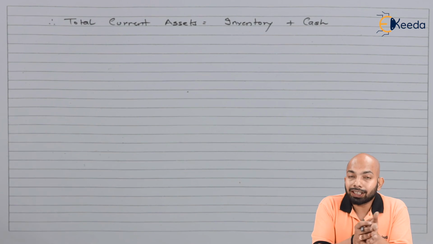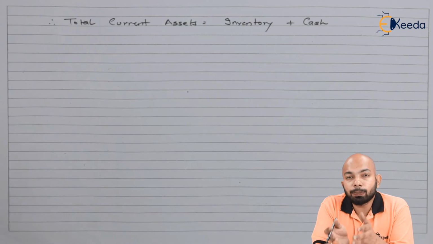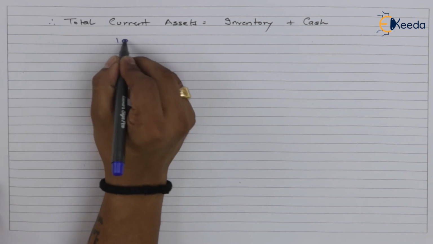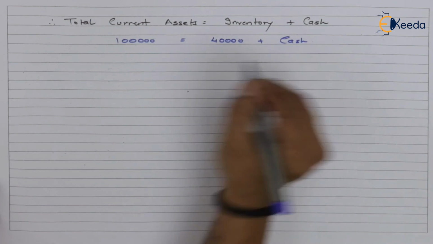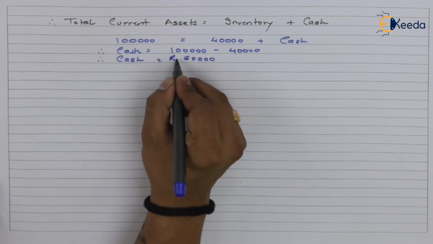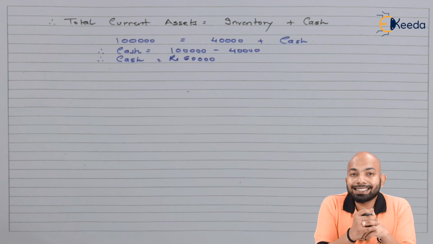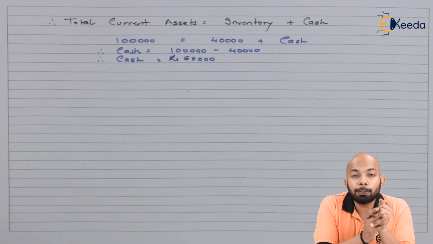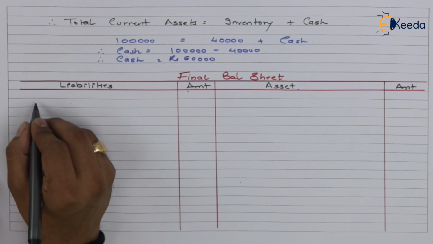The formula total current assets is equal to inventory plus cash, because we only have these two items as part of current assets. Hence, only these two items are mentioned here. So cash has been figured out as 60,000 here. With this, we have completed all the items. Let's prepare the final balance sheet.